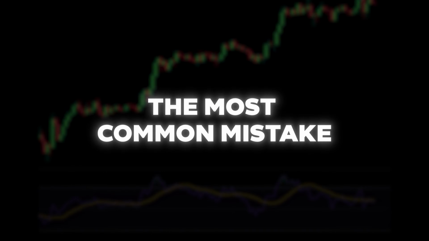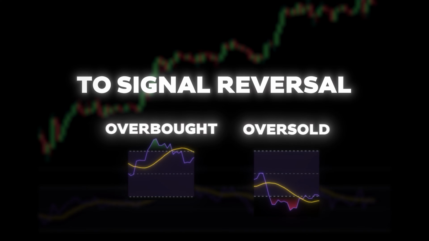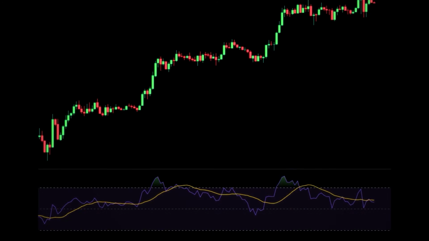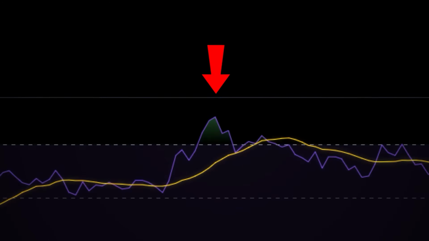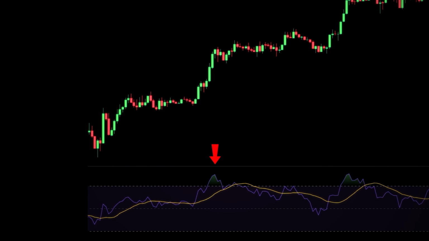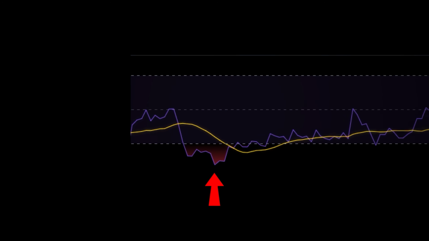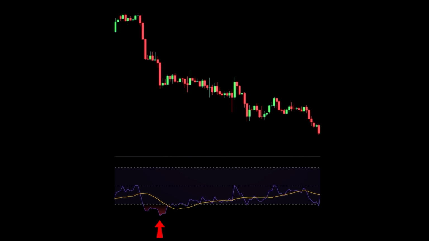The most common mistake that people make is using overbought and oversold to signal reversal. This is a bad way to trade RSI. Most people assume that once RSI hits 70, it's a sell signal because the market is overbought. The same is true in the other direction. When RSI drops below 30, people think it's time to buy because the market is oversold.